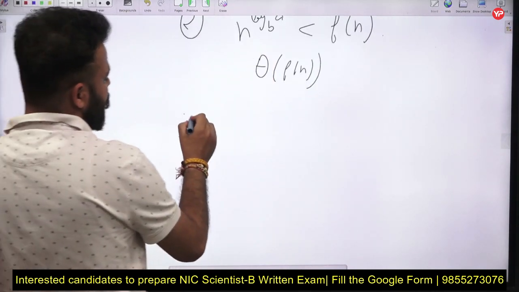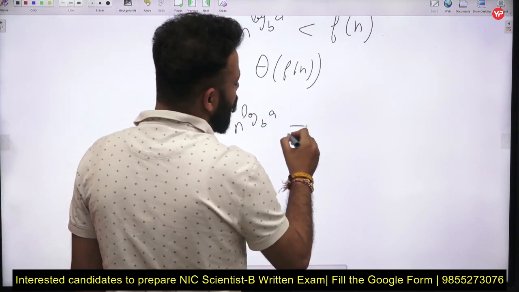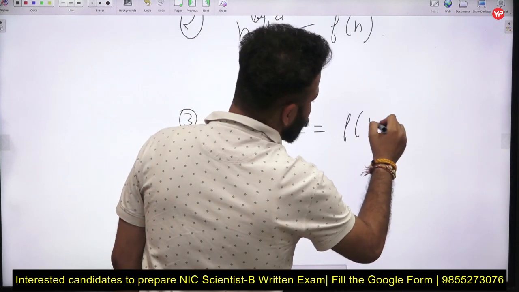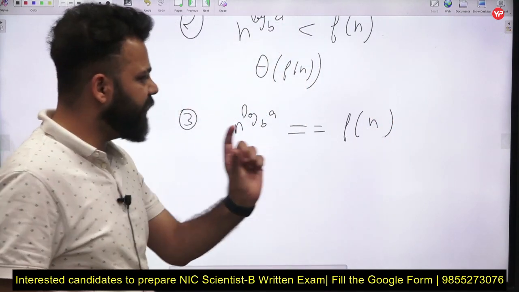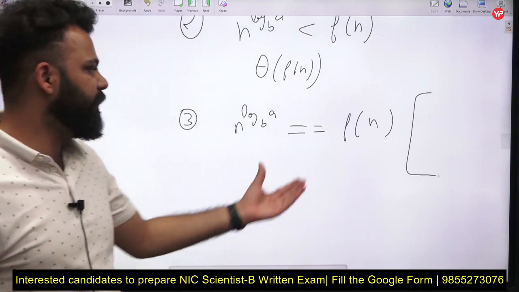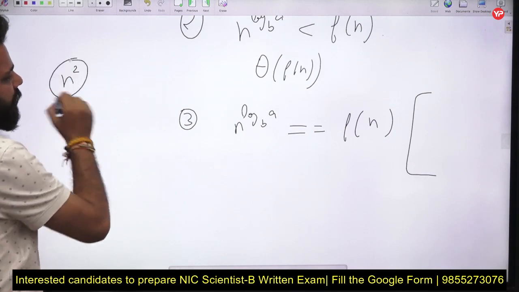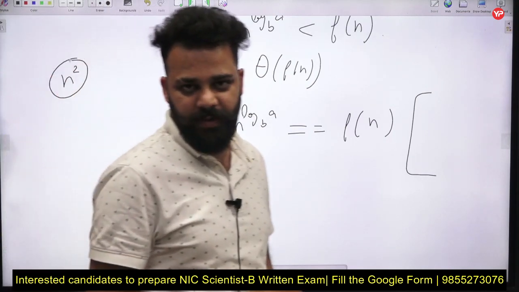Third case is the tricky one. Now in the third case, let's say that asymptotically n^(log_b a) and the function of n are equal. One thing that you need to keep in mind is, if f(n) is n², then you compare n² with n^(log_b a).